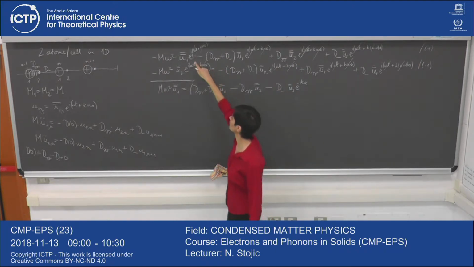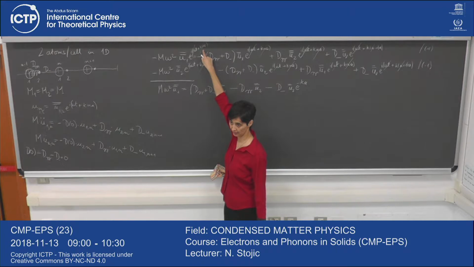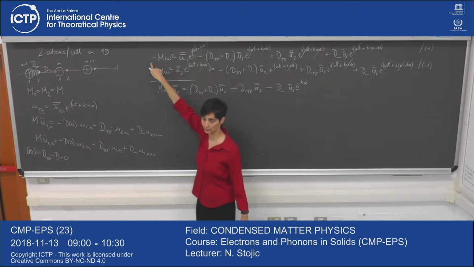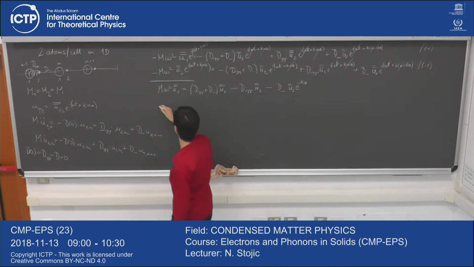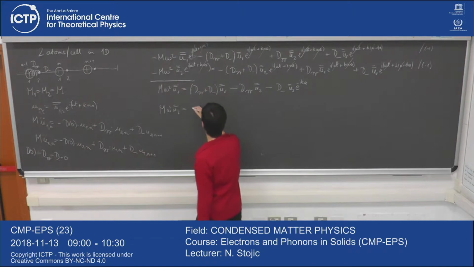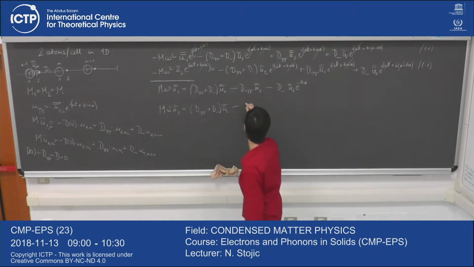I divided by e to the i omega t plus K and A and multiplied by minus 1. And omega square, this is equal minus D strong U1 minus D weak.